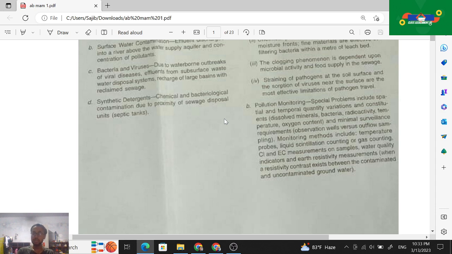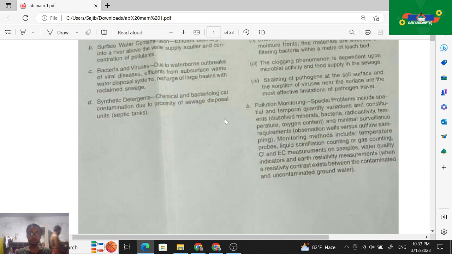Special problems include the spatial and temporal quality variations, and the quantities: dissolved material, bacteria, radioactivity, temperature, oxygen content, minimal surveillance.